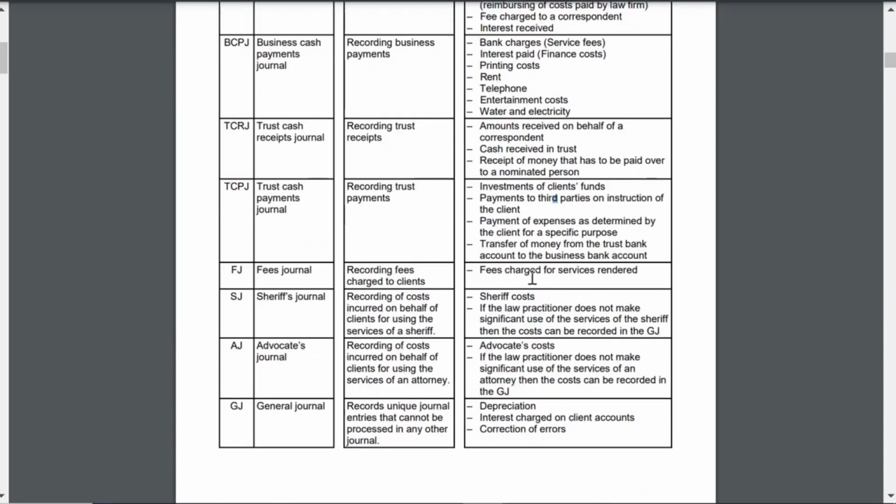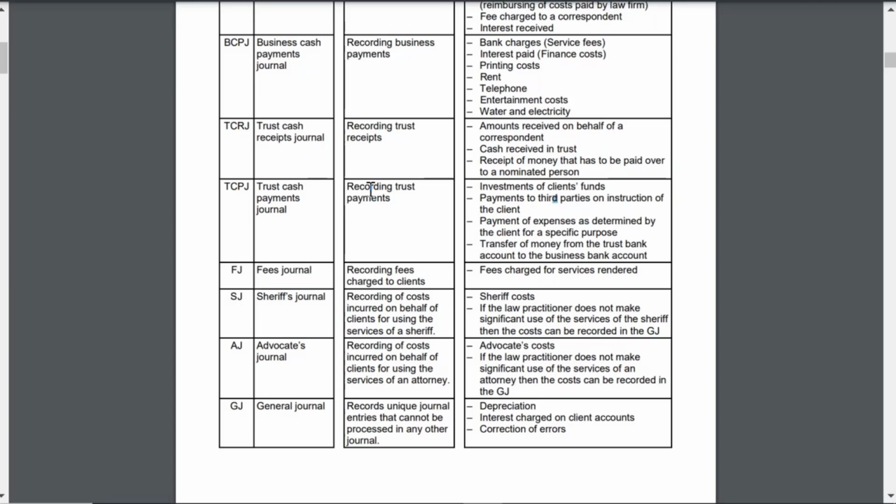So the fees journal. What is the fees journal? The fees journal is whereby I, as an attorney, have invoiced my client. In the example that I did previously, I receive money in advance from my client, but I haven't performed the work as yet.